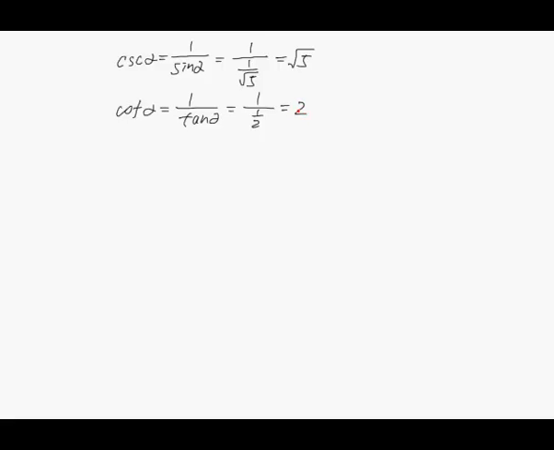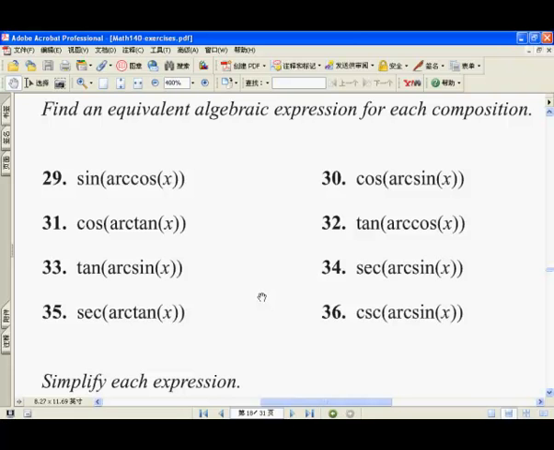And then done. I know many of you guys have trouble with this type of problem, right? So now let me solve one more problem of this type. And let's look at 33. So find an equivalent algebraic expression for this composition, tangent of the arc sine of x.